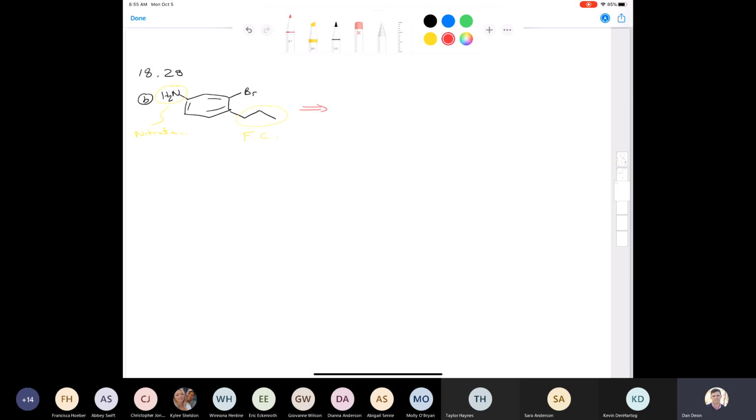So let's just think retrosynthetically here. That means that probably we would want to have this intermediate at some point. And if you're wondering how we got that far, well, this is an ortho-para director. That means it'll direct to this position and this position.